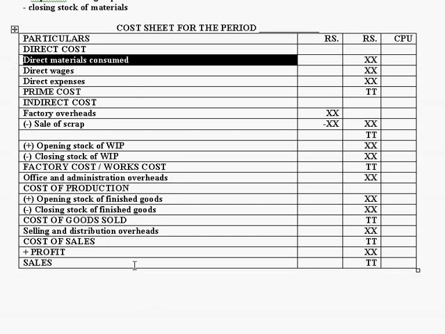Normally all those materials which go into the product are direct material. But sometimes the value of materials is so insignificant as compared to the value of other materials that you don't show it as direct materials, you show it as indirect materials in factory overheads.